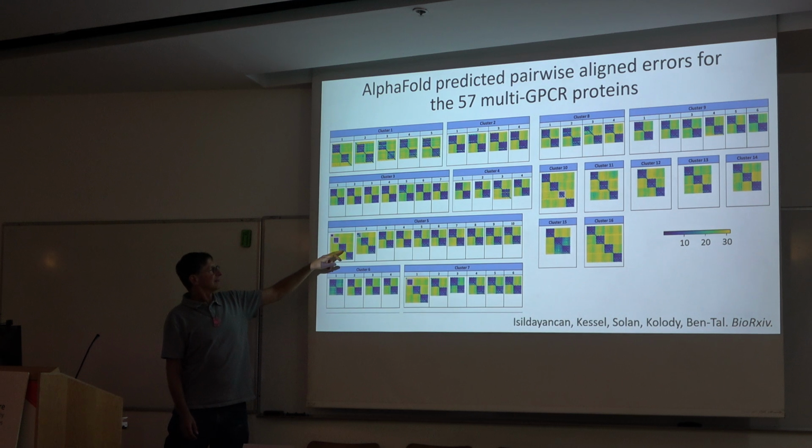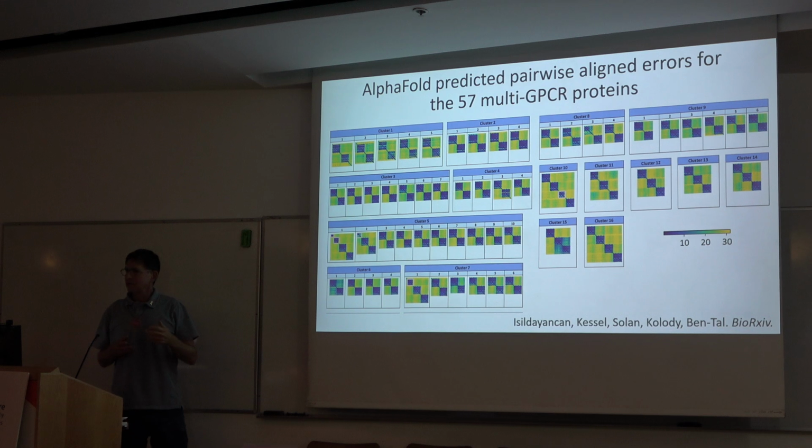AlphaFold believes that it knows well where to predict the structure of the GPCRs, but then it basically tells us you feel free to orient them, like if you want you can orient them like this or anywhere. And of course it is not explicitly aware of the presence of the membrane, which restrains them. So in our case the dilemma is whether they're oriented this way or that way.